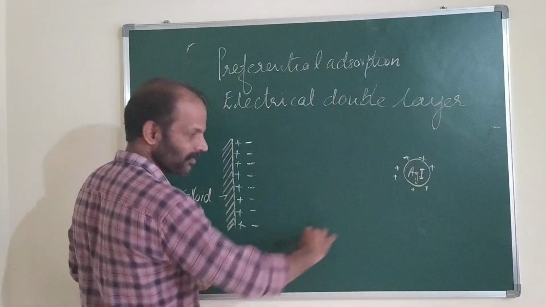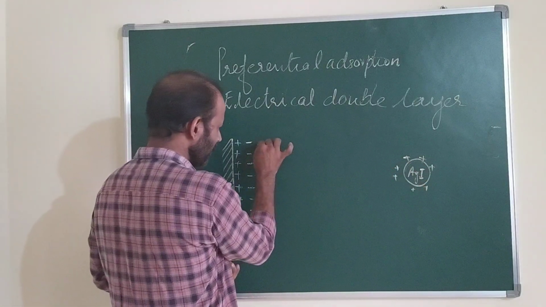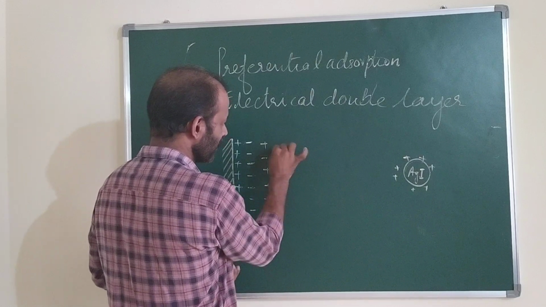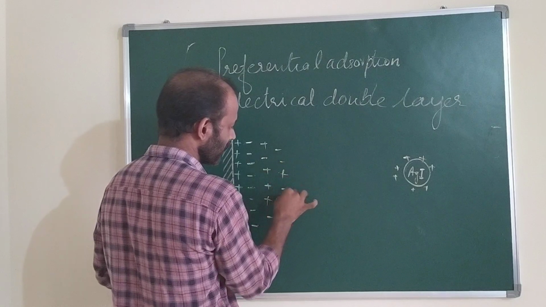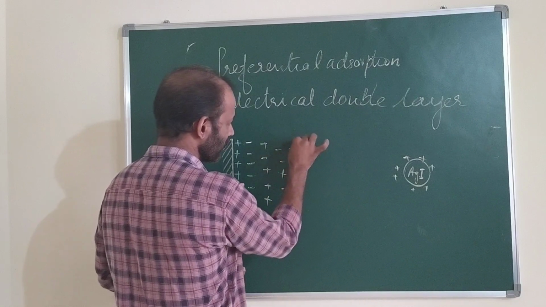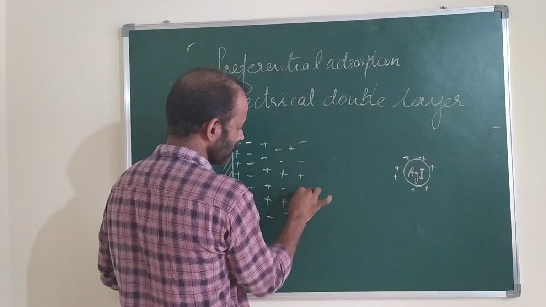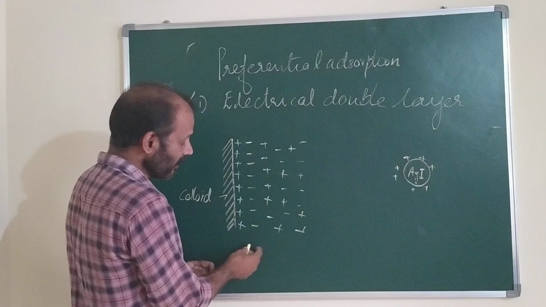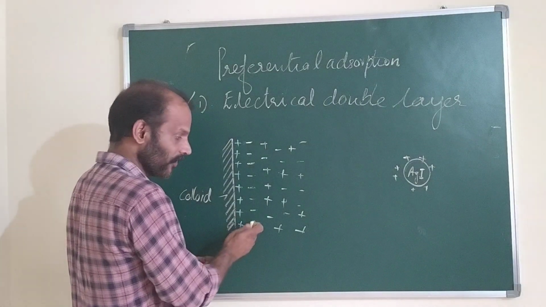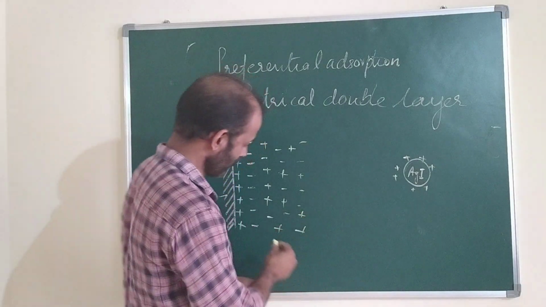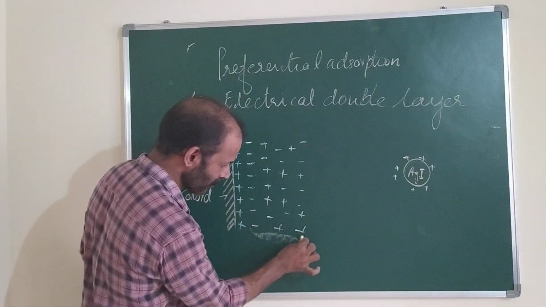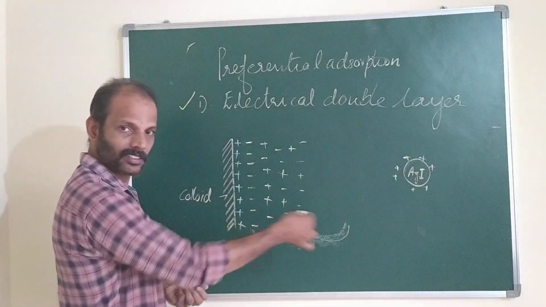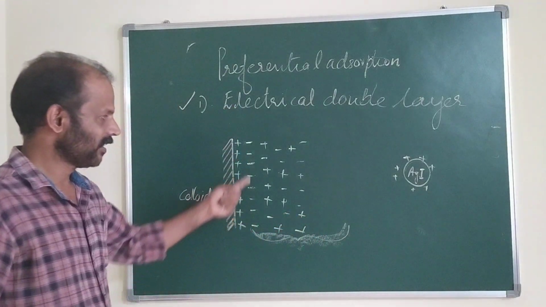Then from that, either positive or negative charges, that is, the layer after the first layer, get diffused into solution. This is diffused into solution. Okay, this is our fixed layer.